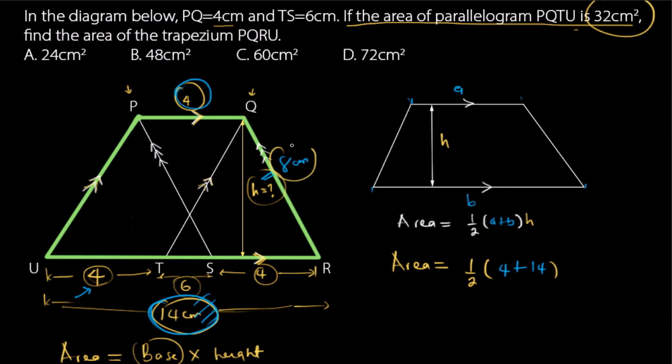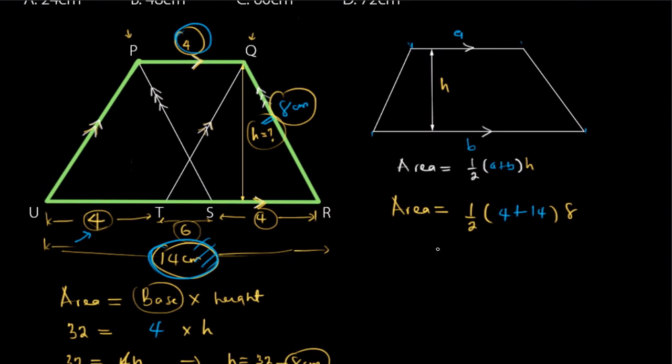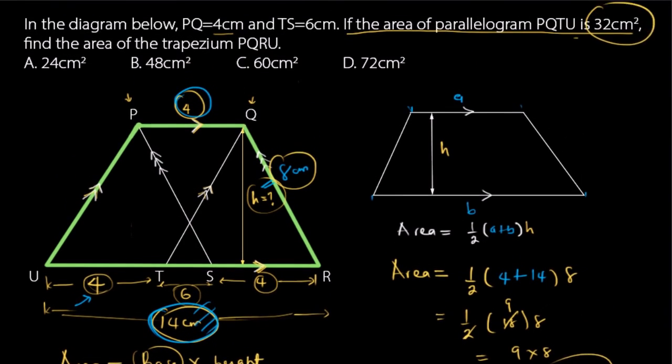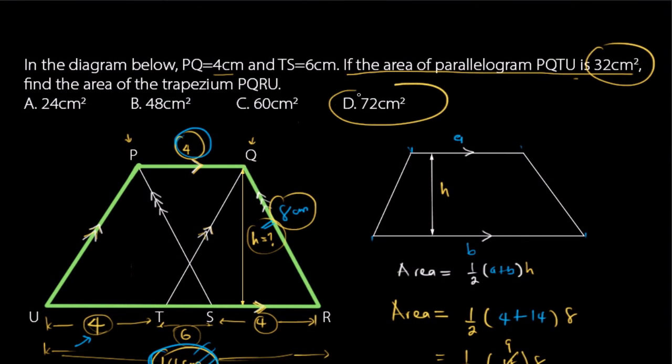Our height is 8, which we've just derived. So this is just half times 4 plus 14, that is 18, times 8. And 2 in 18 is going to give you 9. So you have 9 times 8, and 9 times 8 is 72 cm square. So this is your area. The area of the trapezium is 72 cm square.